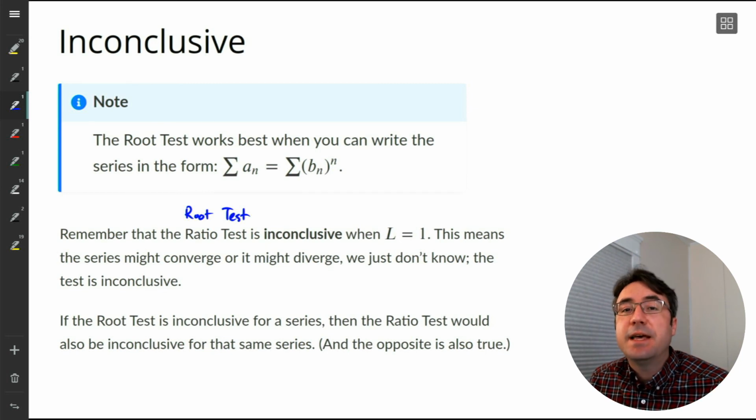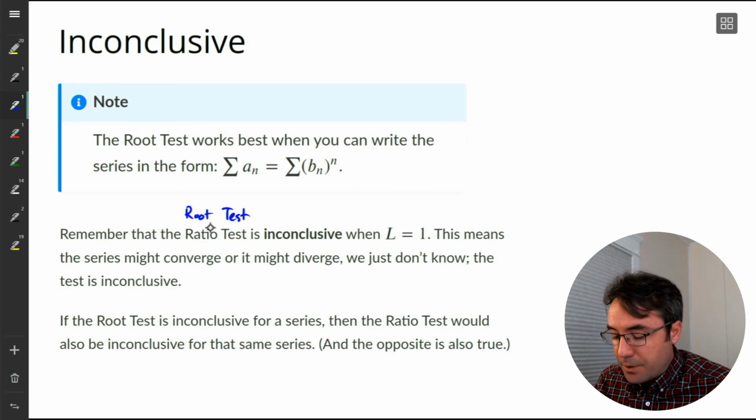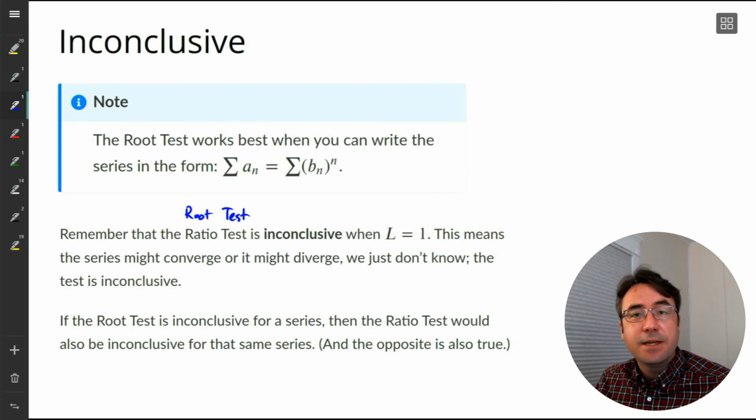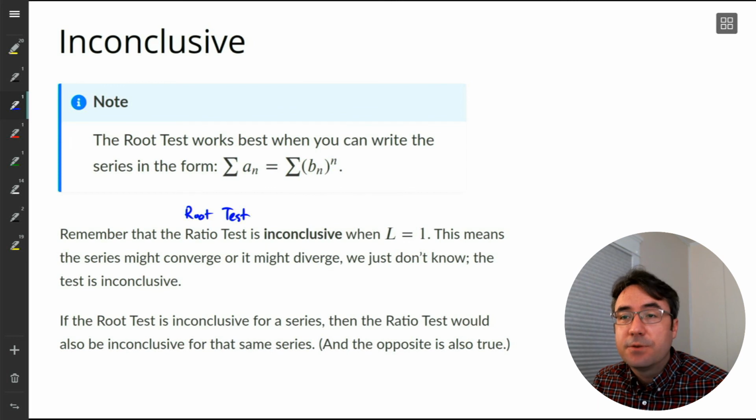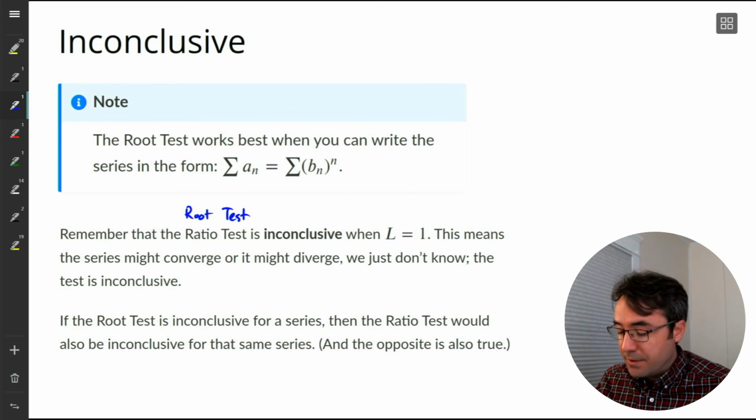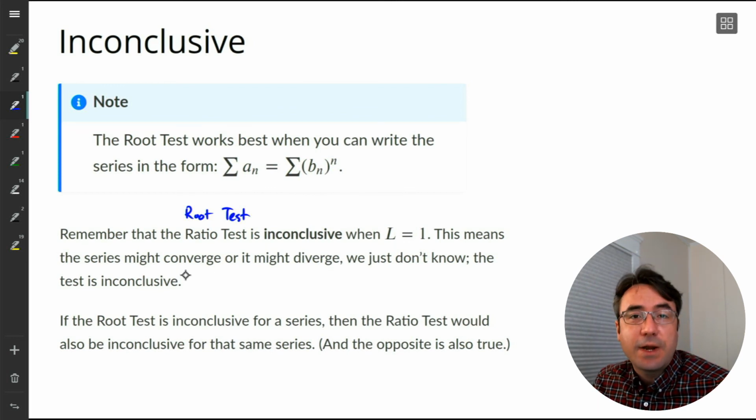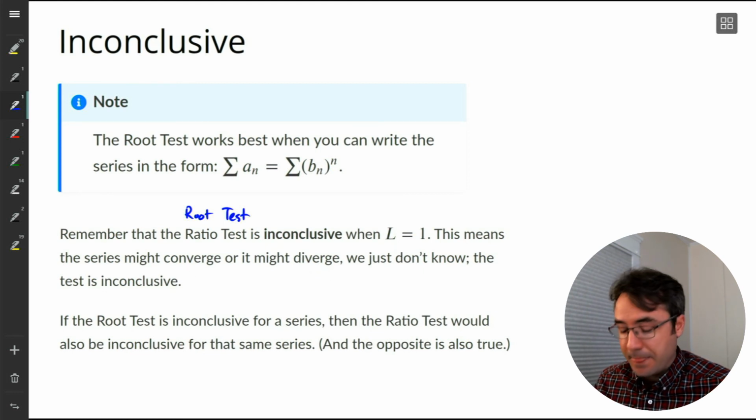It just means that those tests don't work. So we would have to use some other test. If you get L equal to 1 for either the root test or the ratio test, it doesn't mean you can stop. It just means those tests don't work. They're inconclusive. You'd have to try something else to determine whether the series converges or diverges.